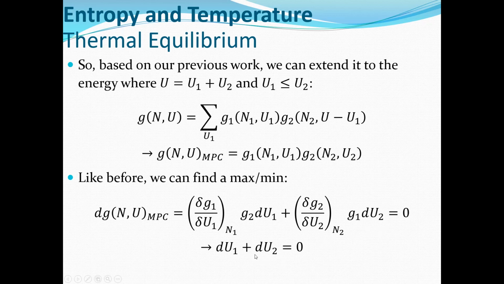So what this tells us is that du1 plus du2 has to be equal to 0. If one changes by some amount, the other is going to change by an equal amount in the other direction. If this is 1, this is -1, so it always equals 0. That's the whole idea of conservation of energy.